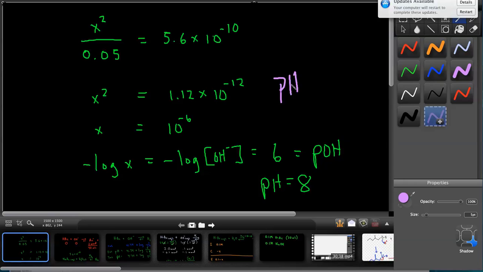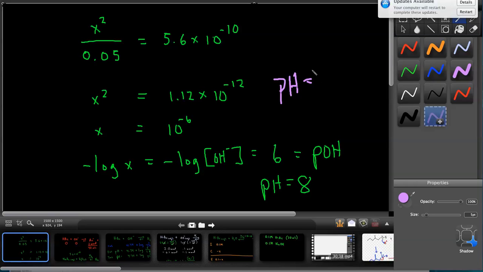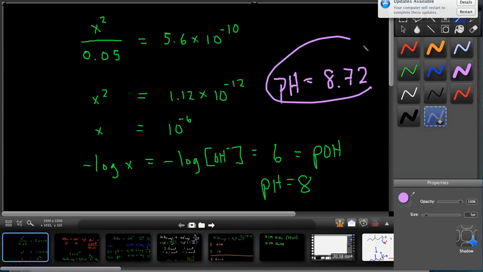So the pH, when we actually plug in all the values, is 8.72. That's my equivalence point's pH. I think that's consistent with the notion that we are titrating a weak acid with a strong base. The equivalence point pH should be alkaline, and according to our calculations, it is alkaline.